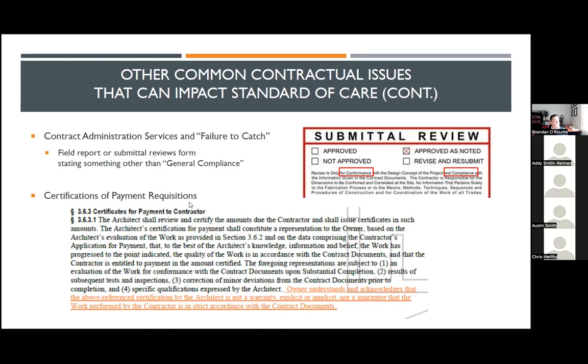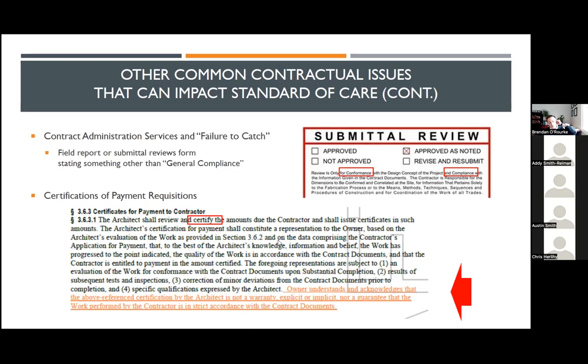Another example, and this is language taken from an AIA contract, is certifications for payment for the contract, or certifications of substantial completion, certifications of project completion. The AIA uses the term certify as its standard term.